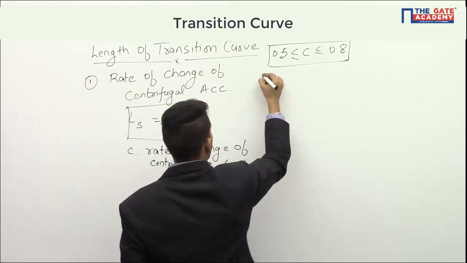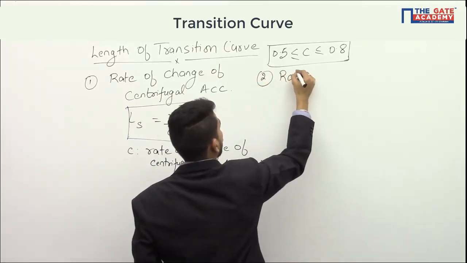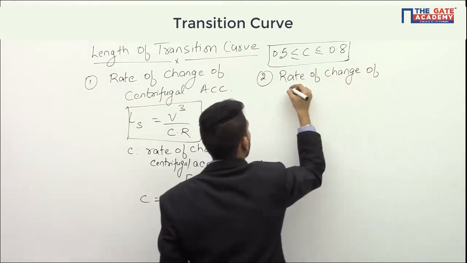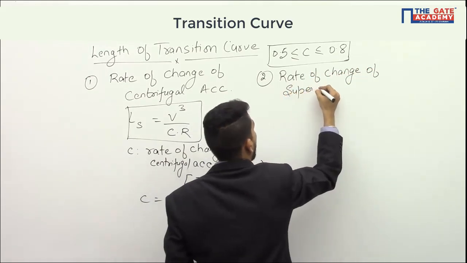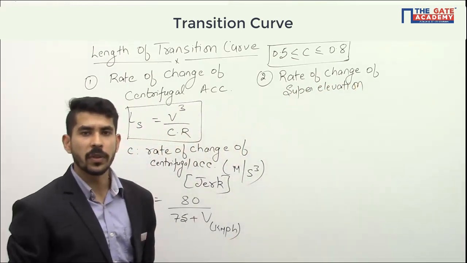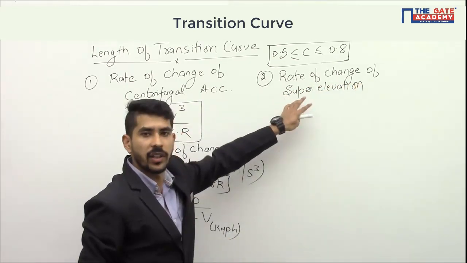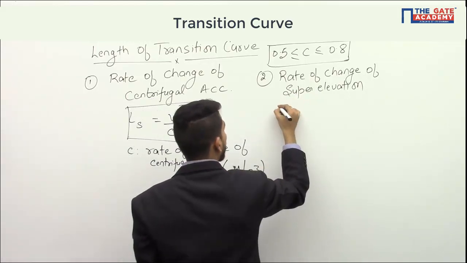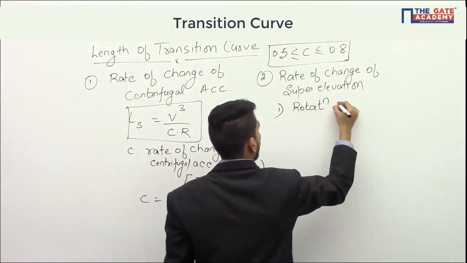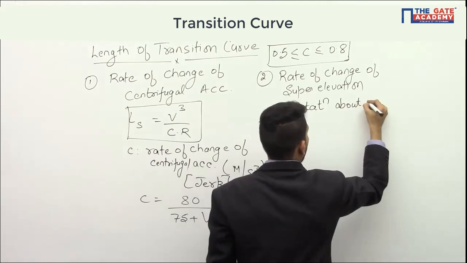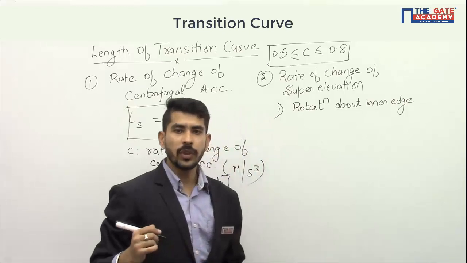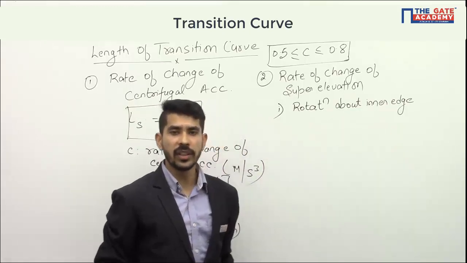Second one is on the basis of rate of change of super elevation. So again in this particular thing we have two cases. First is when the pavement is rotated about the inner edge.